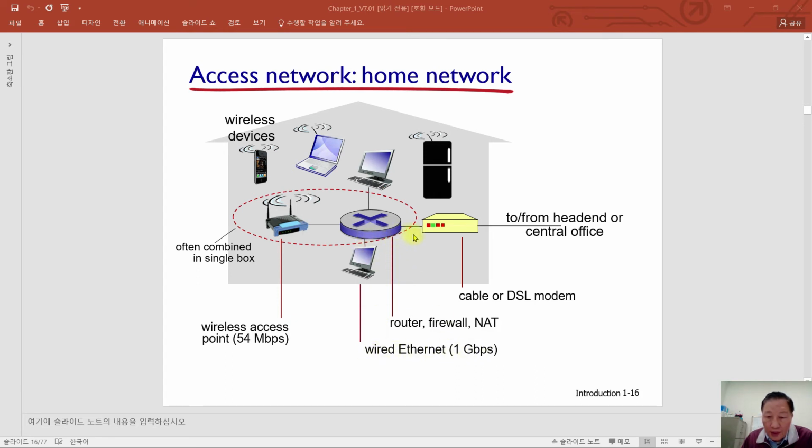And here we can use a cable modem or ADSL modem, depending upon the infrastructure of the internet service provider which you are subscribing to.